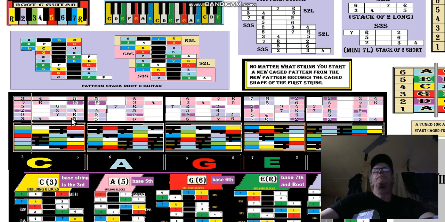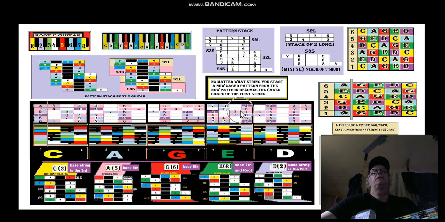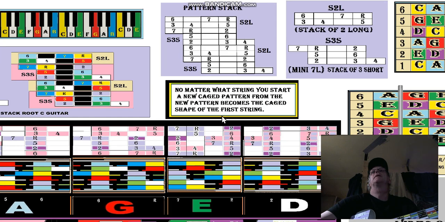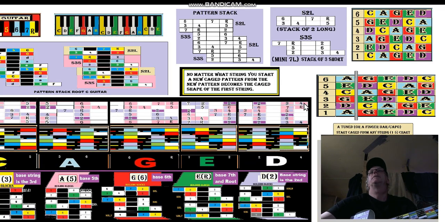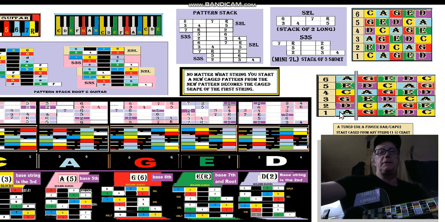So we're going to look at D for a second, and what I'm saying is the A shape starts on the fifth. The fifth of D is A. So if I start this A shape here, as you can kind of see, let me make it a little easier.